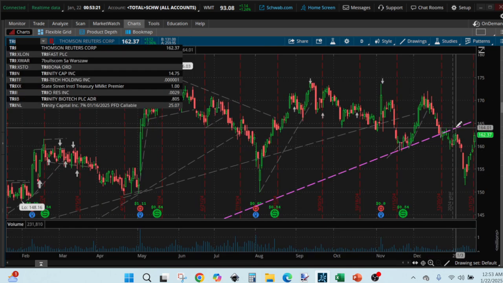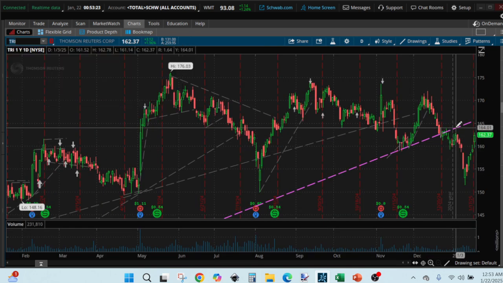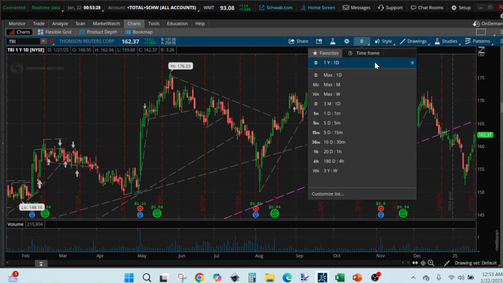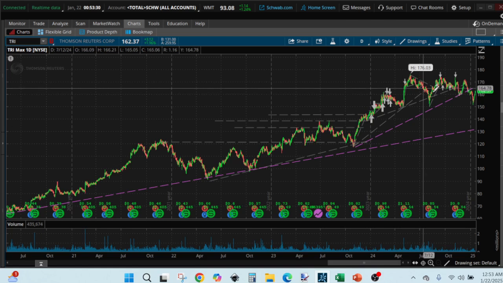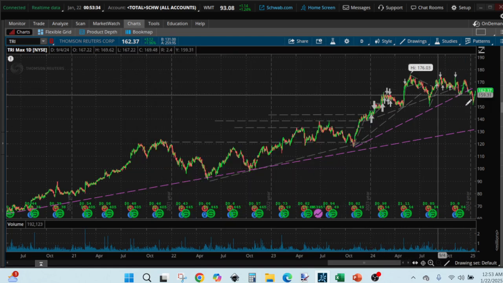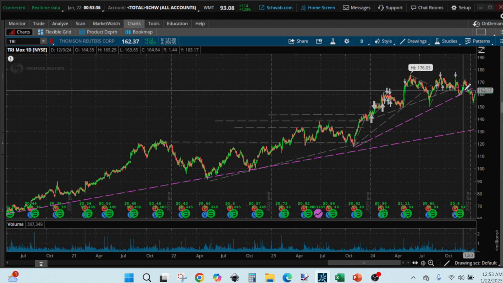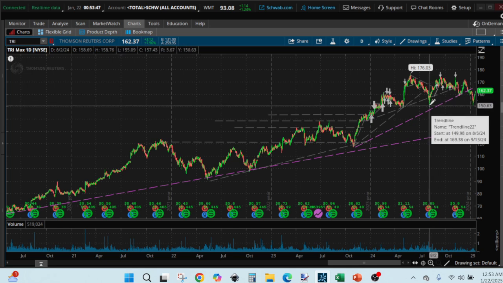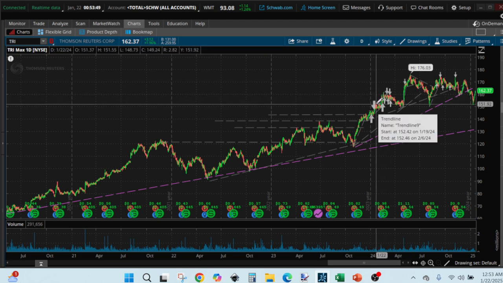TRY, we have one trend line here that it crossed and went below it and started going up. If we go to maximum daily chart, we'll have a further view from it, and we don't know at this point if it's going to fall to this one or if it's going to turn around here. If we put the mouse here, it seems to be a support line passing by a resistance or a peak of a mountain.